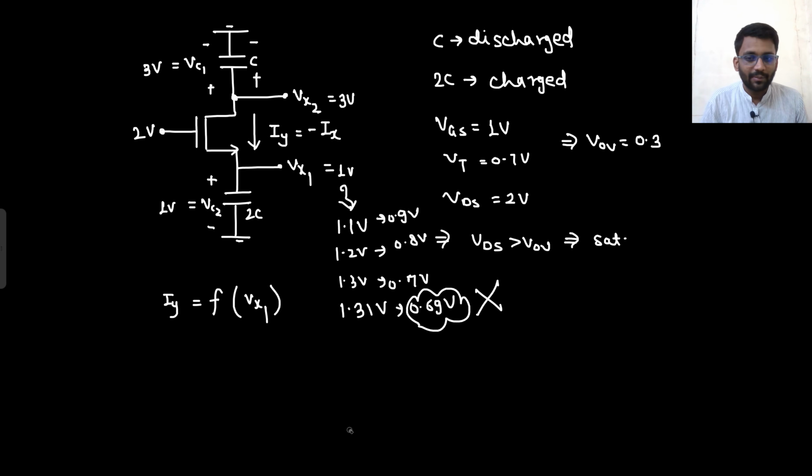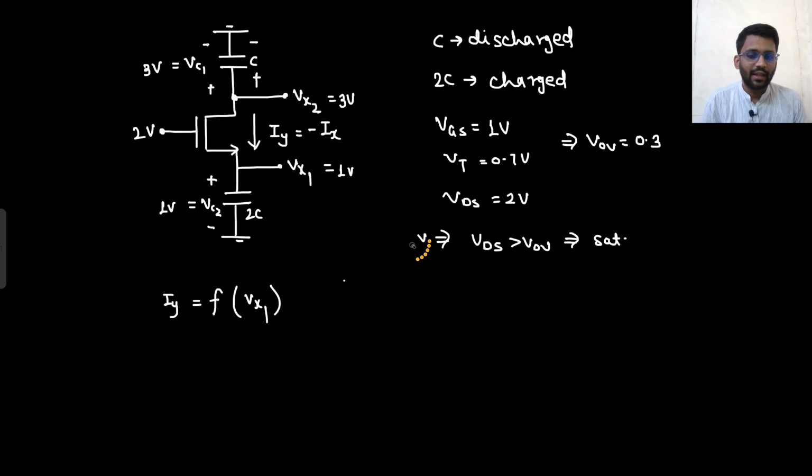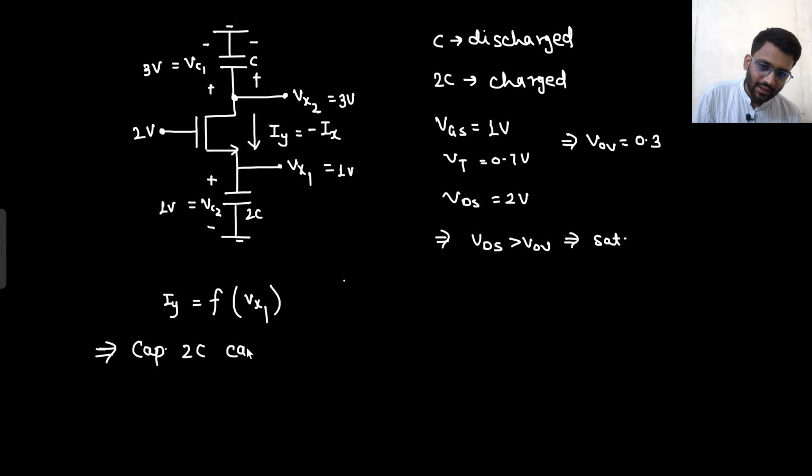So capacitor 2C can charge up to 1.3 volt only. Why so?